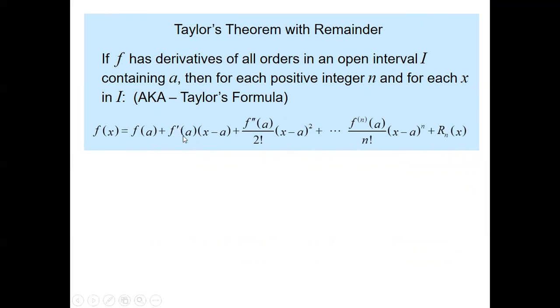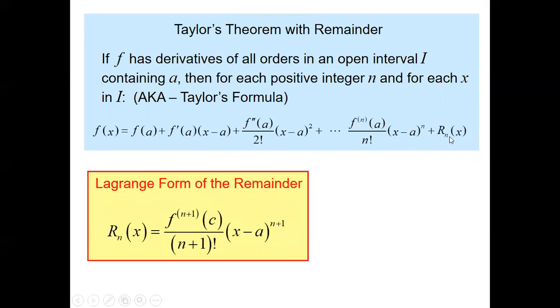My second term with the first derivative, first power over first factorial, and so on and so forth, all the way up to the nth. Either we'll decide or the question will decide what the n value is. All the terms beyond that that got chopped off, that's my remainder polynomial of order n. So that's what he's calling the remainder theorem. All those terms that got chopped off were beyond n.